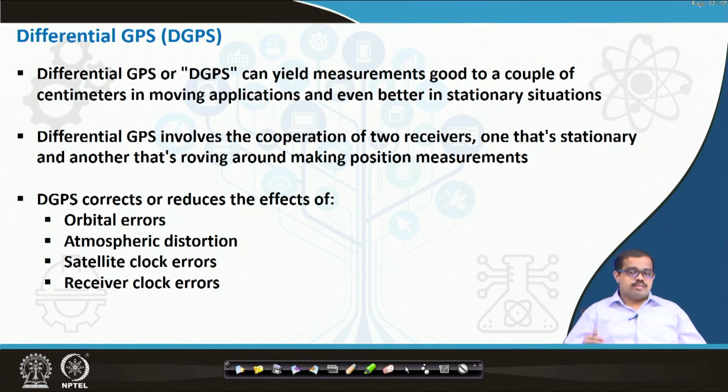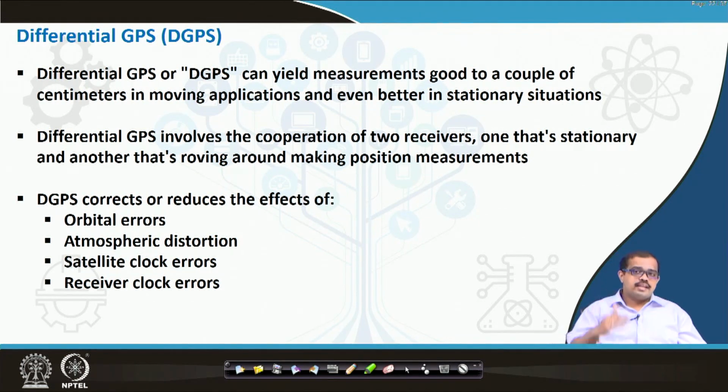Then the atmospheric distortion: because you have a receiver that is already fixed and a rover that is moving, the contact is between the receiver and the rover, so there is no atmosphere in between. That minimizes the error to a very large extent, and the atmospheric distortion is minimized or made zero.